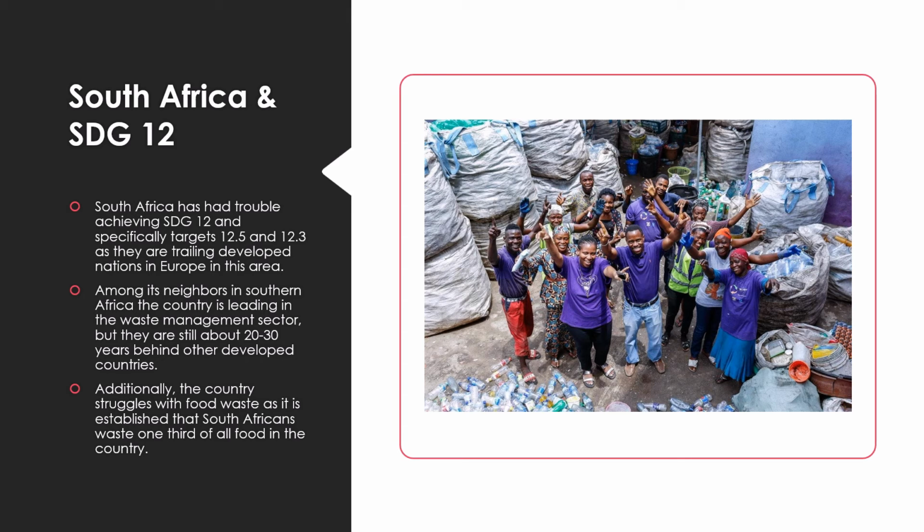This is compared to how the country produces 31 million tons of food each year. So they're wasting a good amount of the food that they put out. But compared to their neighbors in southern Africa, they are more advanced in this regard, but still lagging behind other developed nations.